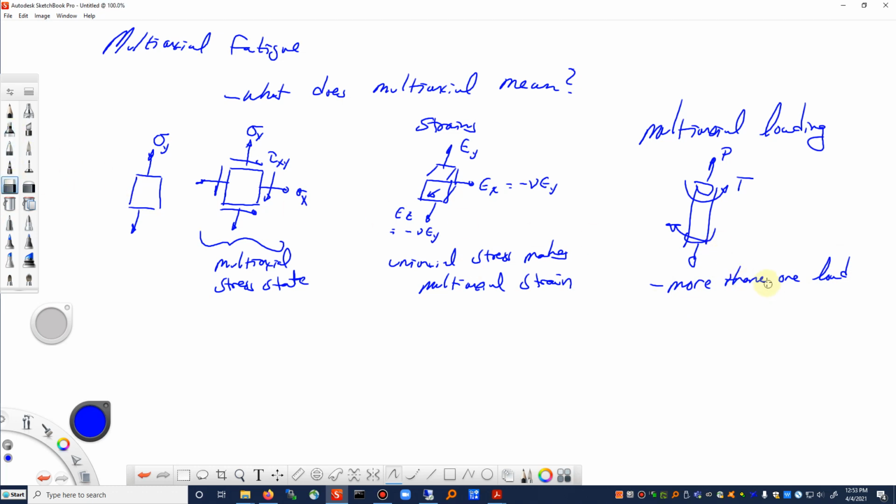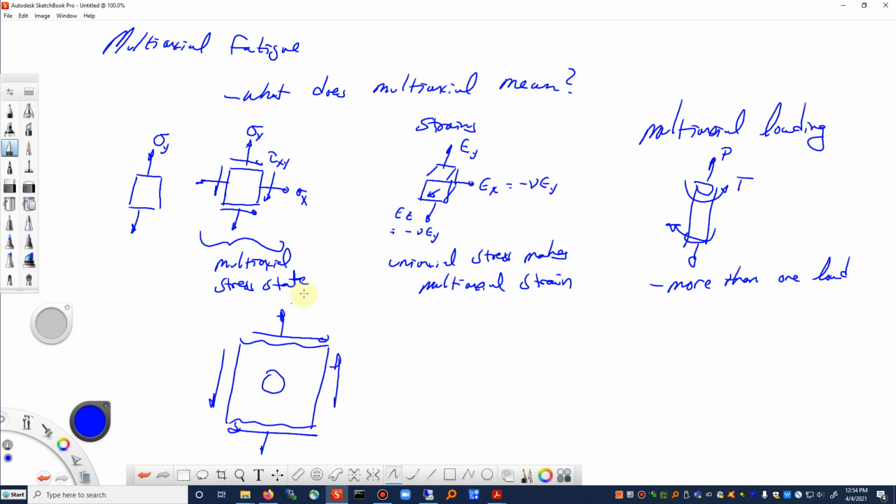Now, does that mean that we have a multiaxial stress state? Well, many times it does. In the case of tension and torsion on a tube, you would get a multiaxial stress state. Let's take a look at another situation, where maybe we have a plate with an axial force and some sort of shear force that we could put on this plate.